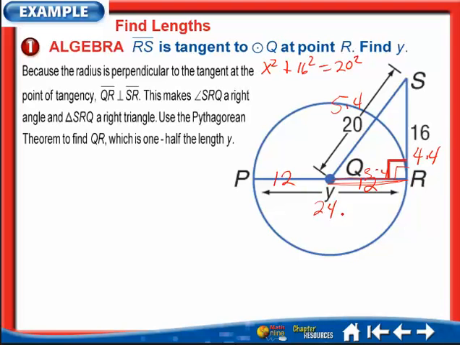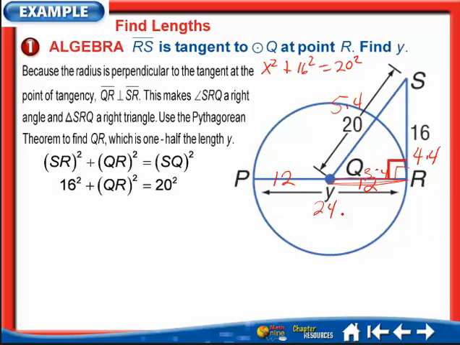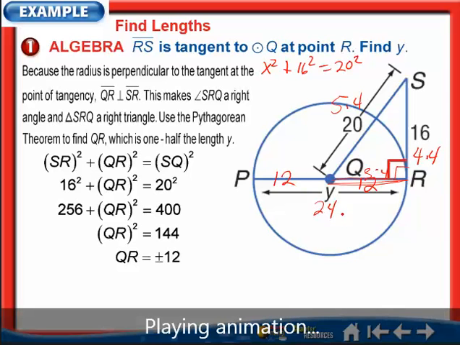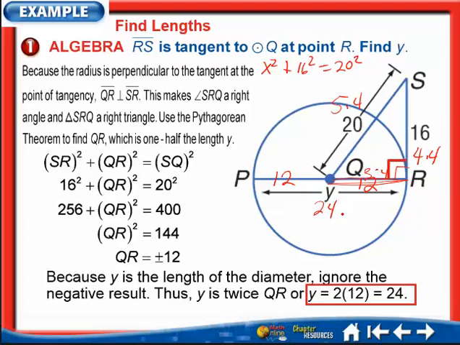Okay, here is the actual working it out using Pythagorean's theorem. Notice you still get 12. You need to double your 12 and get 24.